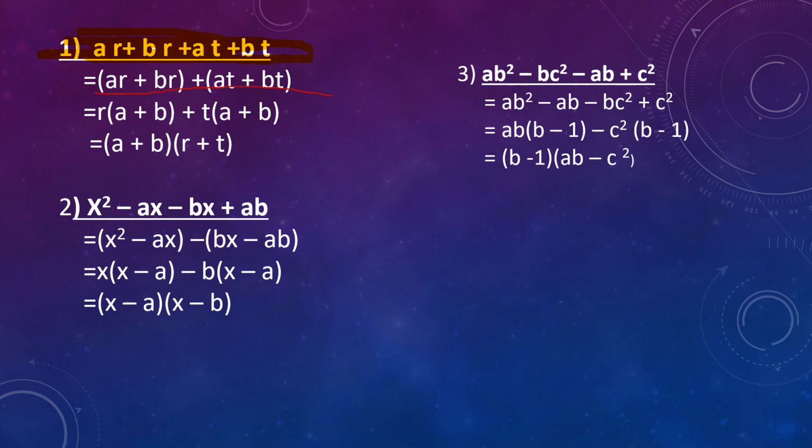From the first bracket, you can take R common, taken up A plus B, plus from the second bracket, you have taken T common, A plus B. Means one times you have already taken common, and after taking that R and T common, your left out common is same. Same in terms, same in sign. See A plus B.